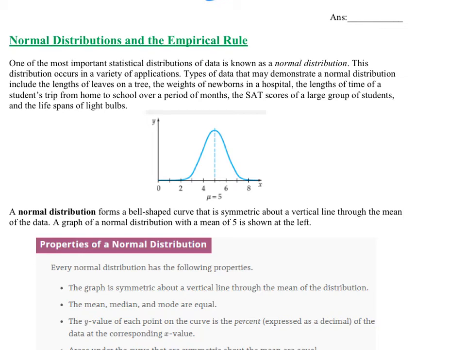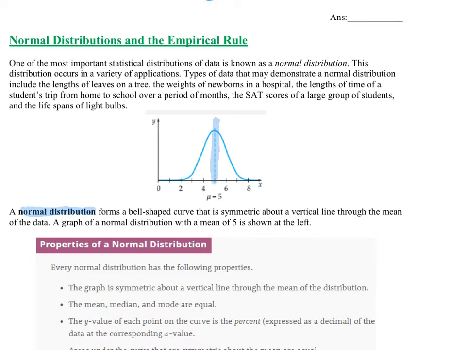I can also tell you that normal distributions don't always exist. So what makes something a normal distribution? Let's look at what a normal distribution is and its properties. It says a normal distribution, that's what we're looking at. I'll go ahead and highlight that. A normal distribution forms a bell-shaped curve that is symmetric about a vertical line through the mean of the data. So the mean of the data is the middle.